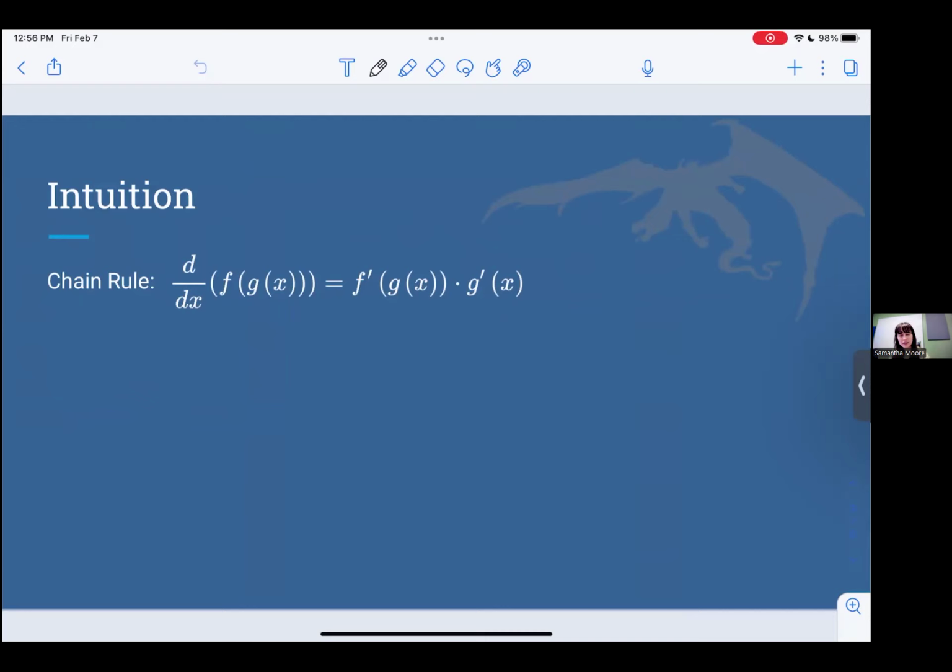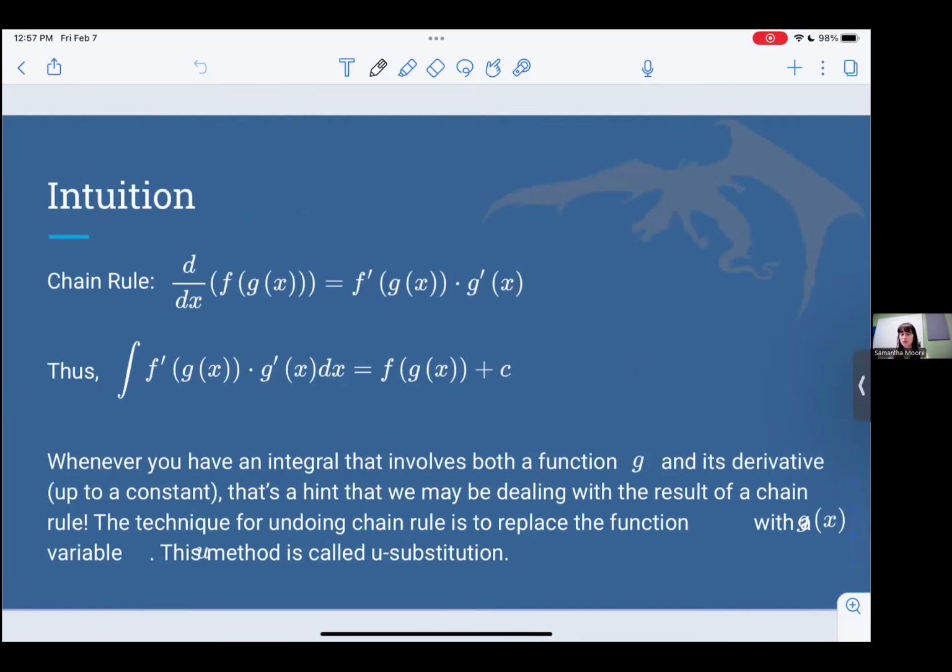So if I want to rewrite this in an integral variation, by the FTC, the integral of f prime of g of x times g prime of x dx just gets me back to f of g of x plus c, because that is my antiderivative. This is the situation we want to be able to recognize and go back and figure out what f and g both were in order to calculate our integral.